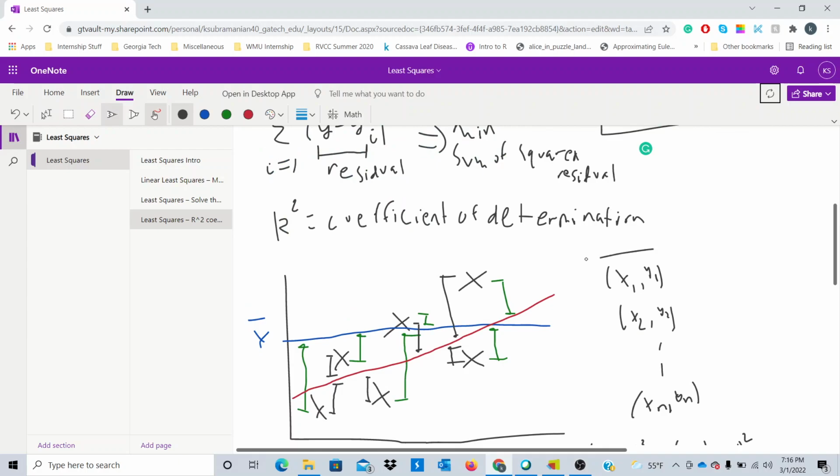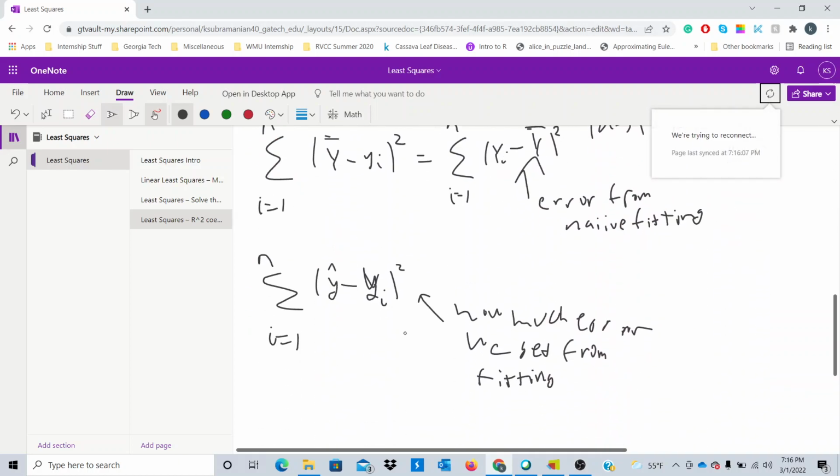And recall that our data set is x sub 1, y sub 1, x sub 2, y sub 2, so you have n of these ordered pairs. So this second expression for the sum of squared residuals is how much error we get from fitting the optimal line, or the optimal line of best fit.